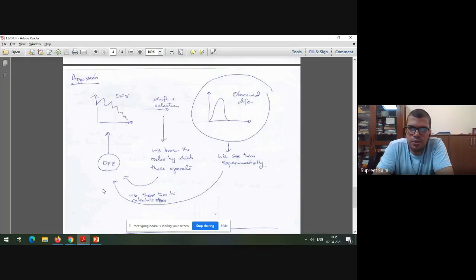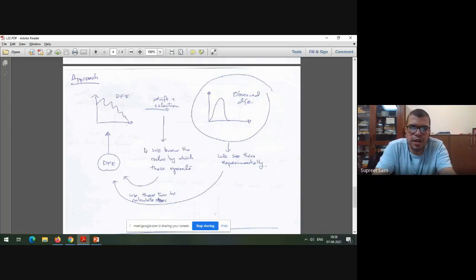Now what I want to calculate is what the background DFE was, which, when acted upon by drift and selection according to the rules that I know, the Moran process for instance, will give me an output of beneficial mutations, a distribution which is consistent with what I observed experimentally.